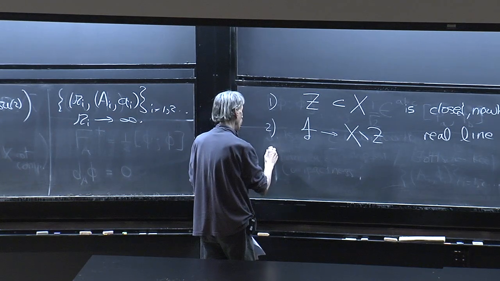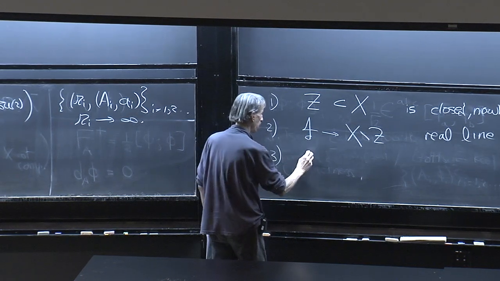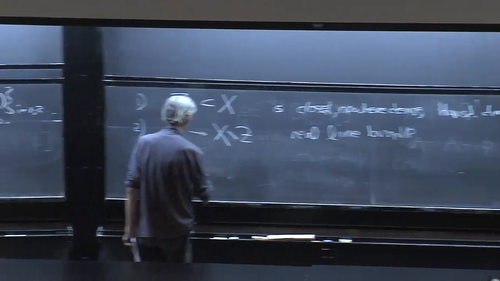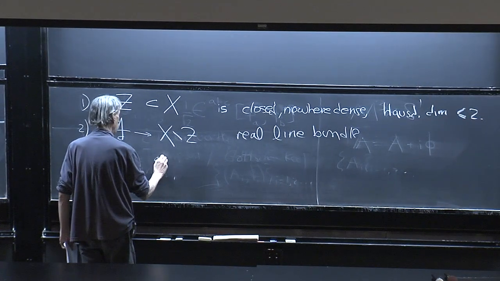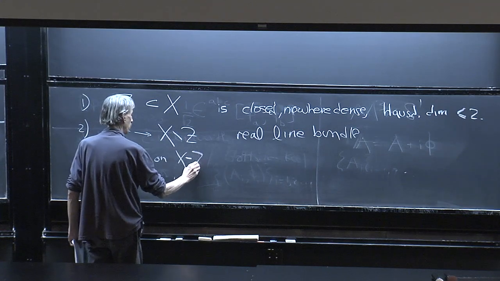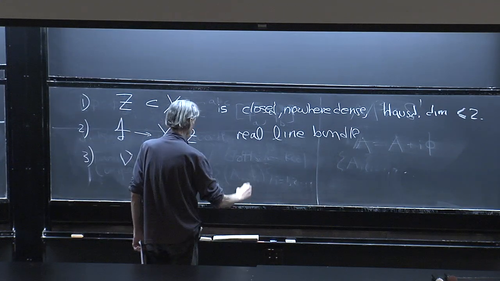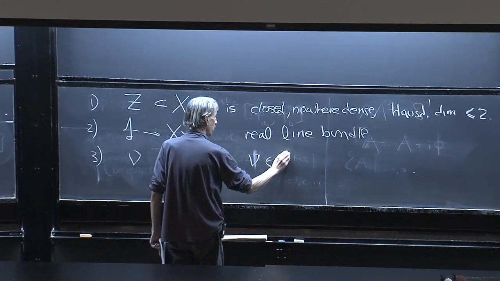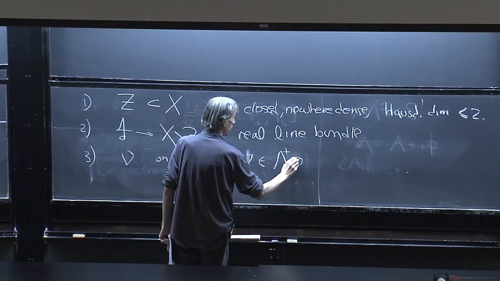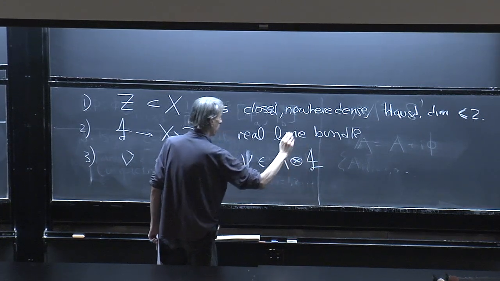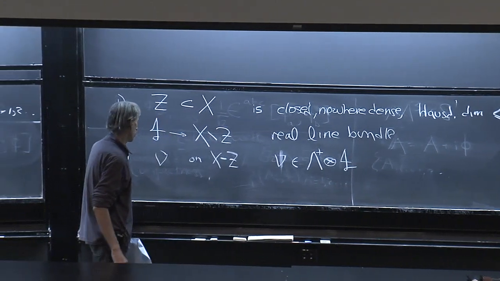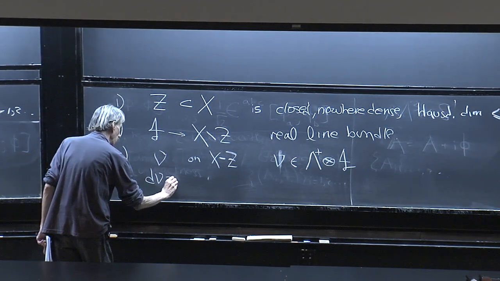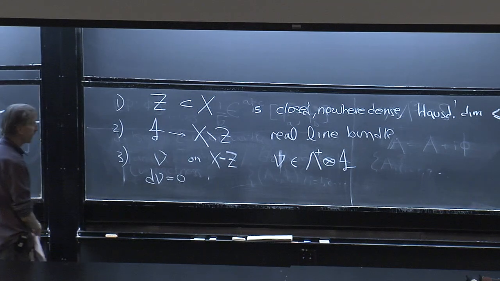And in particular, the third piece of geometric data, which I'll call nu, is defined on X minus Z, so it's defined on the complement. And this is a two-form, a self-dual two-form with values in this real line bundle. And it is closed, so it's a harmonic self-dual two-form defined on X minus Z.